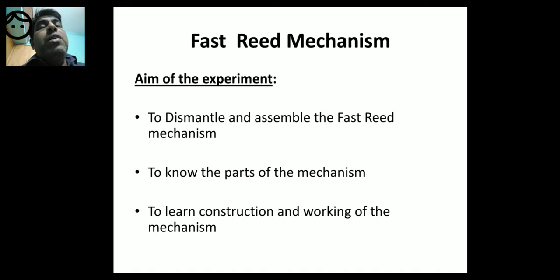After that, while assembling, we will know the construction of the mechanism, and if you carefully observe, you can observe the working of the mechanism also.